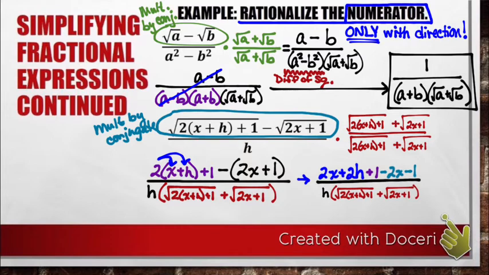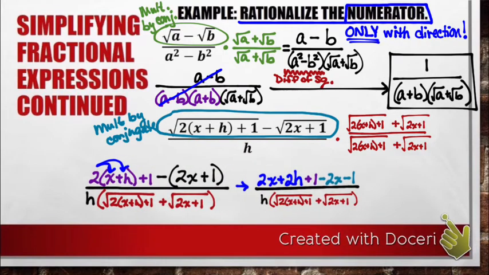Will anything combine? Yep. Positive 1 and negative 1, positive 2x and negative 2x. So I have just a 2h left in my numerator, but what else do you notice? The h's can cancel. So the only thing left in my numerator is just a 2.